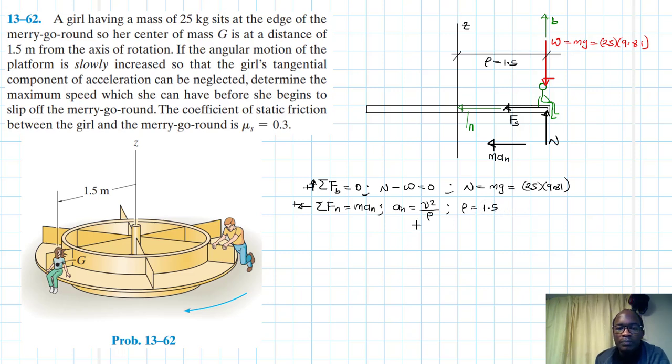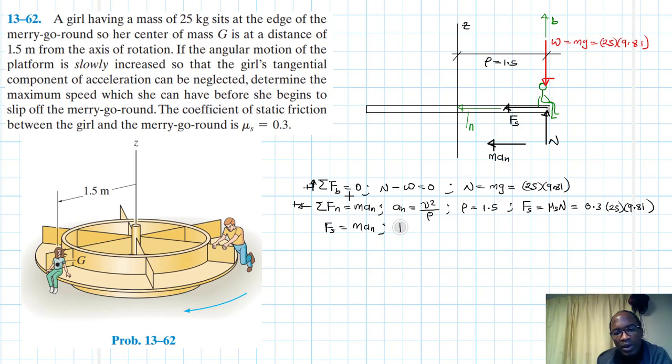Alright, and we also have Fs, which is just equal to mu_s N, and is equal to the coefficient of static friction, 0.3, times N, which we just found is 25 by 9.81. So we have everything. Let's just write down the equation in that direction. We have Fs equal to m a_n.